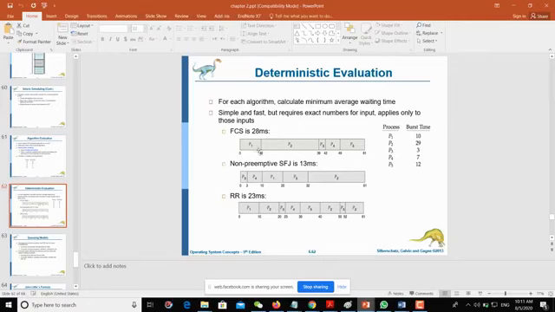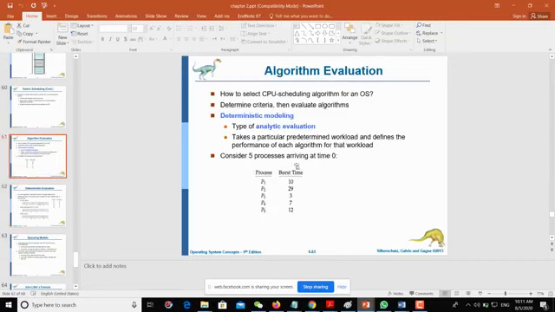So we have 3 algorithms to determine which algorithm is simple and can be chosen. This is what I taught you in this slide. We need to determine the criteria, then evaluate the algorithm, and then choose a CPU scheduling algorithm for an operating system.